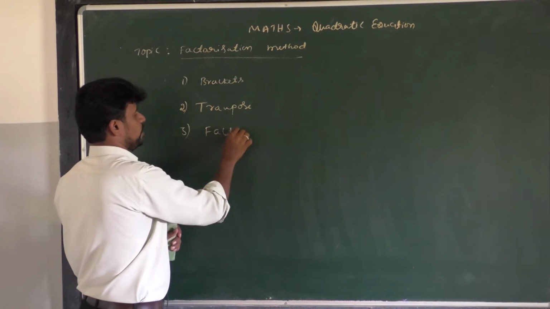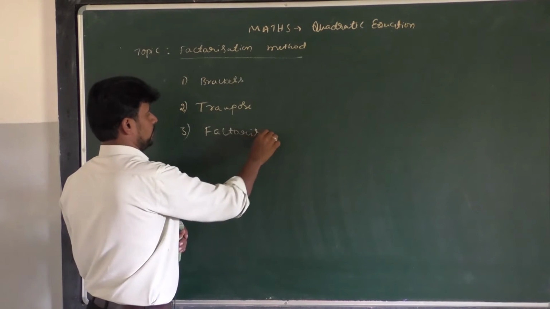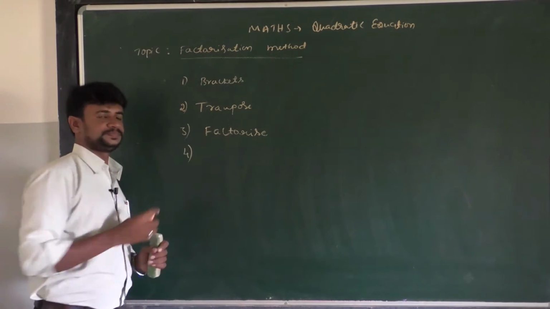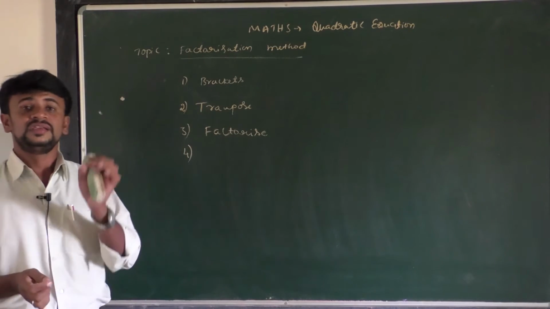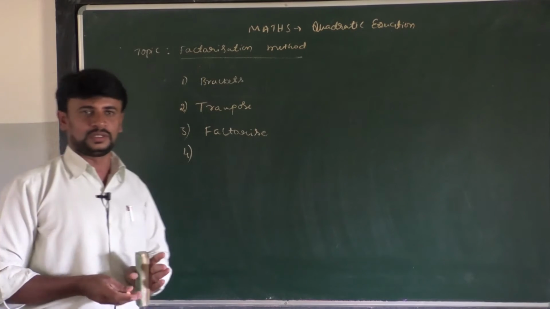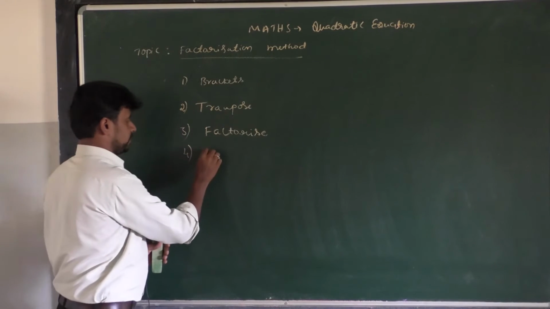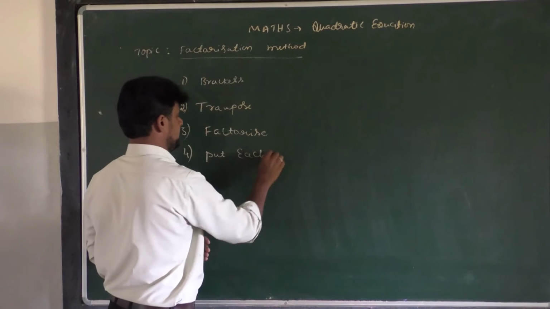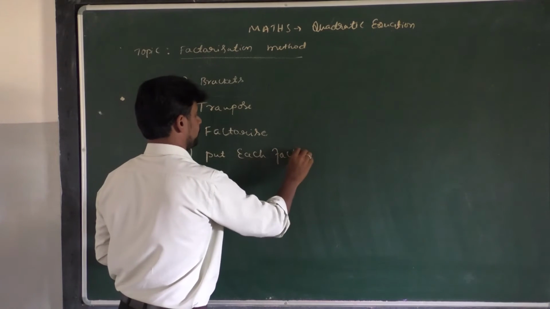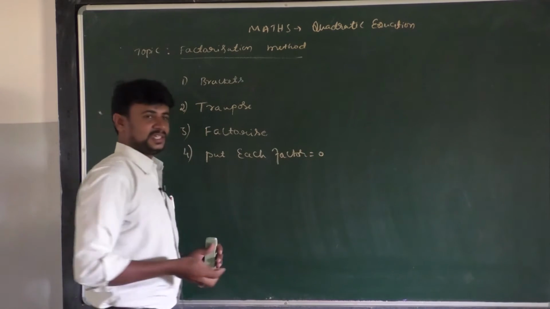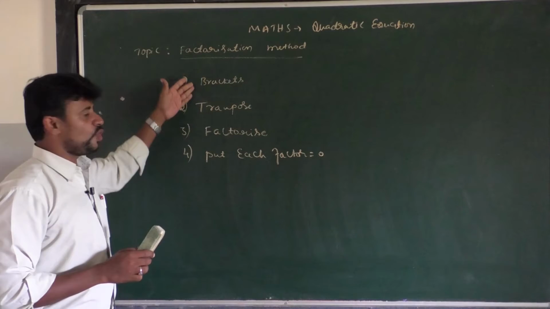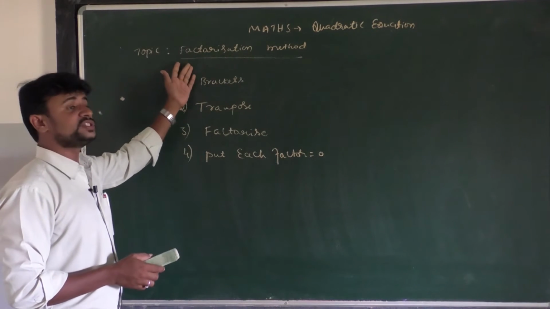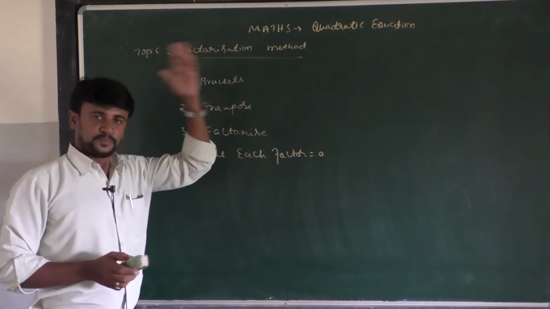And last step is you have to put each factor equal to 0. These are the 4 steps needed to solve a problem by using factorization method.